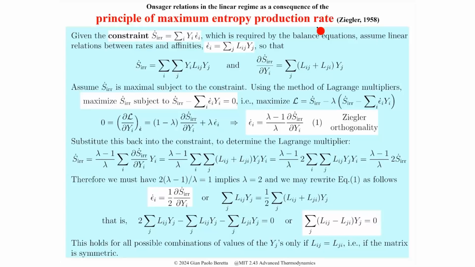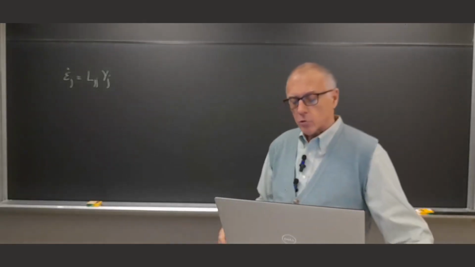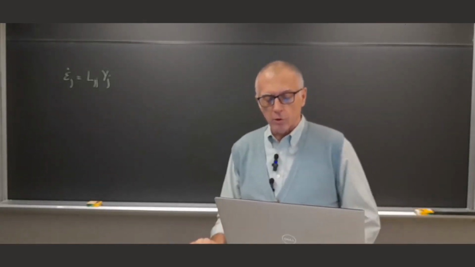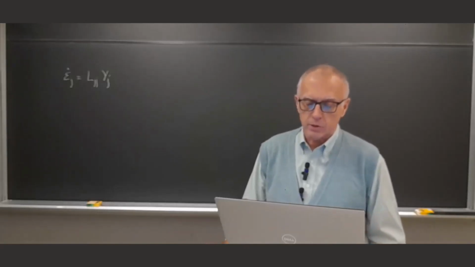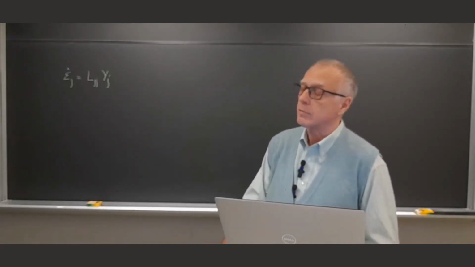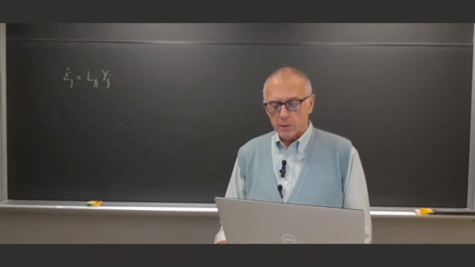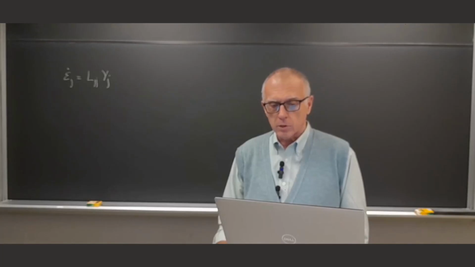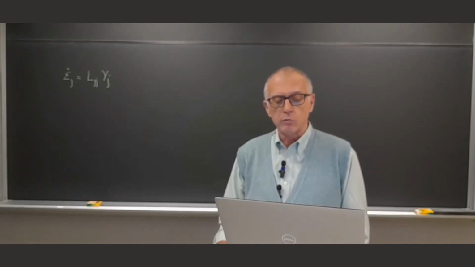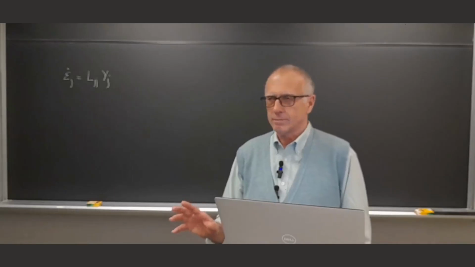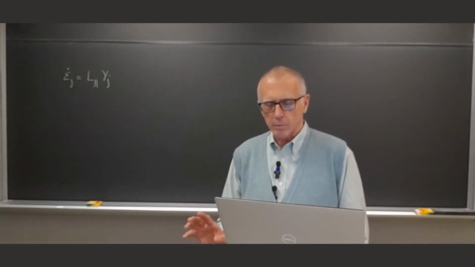It's not sure you can do it also in reverse. In other words, is this an if and only if theorem? Not so sure. In other words, does Onsager reciprocity prove the principle of maximum entropy reduction rate? Well, I think it probably needs a little more.